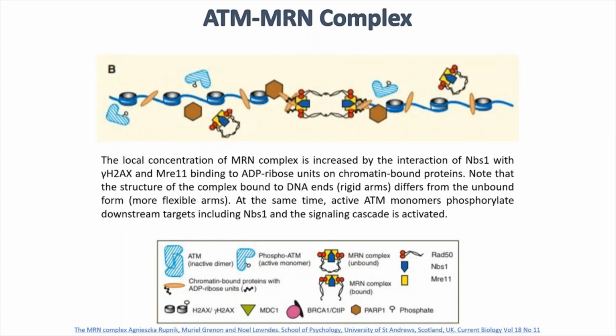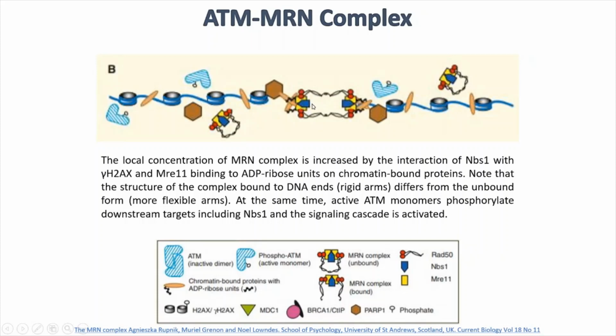Here we can see that the ATM dimer, which was inactive, has been activated by the NBS1 protein. The MRN complex is sitting at the end of the DNA double-strand break, and the rigid arms have opened up to more flexible arms, which have caused the dimerization of two MRN complexes together.